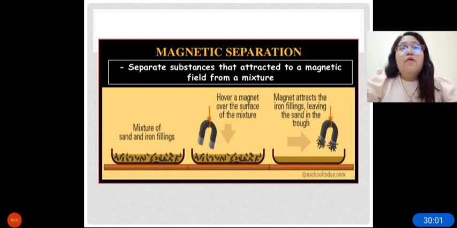By simply hovering a magnet over the surface of the mixture, the iron filings will be attracted to the magnetic field. Because of this, the iron filings will be effectively separated from the sand. And this leaves us with distinct identities, the iron filings attached to the magnet and the sand remaining in its original place.